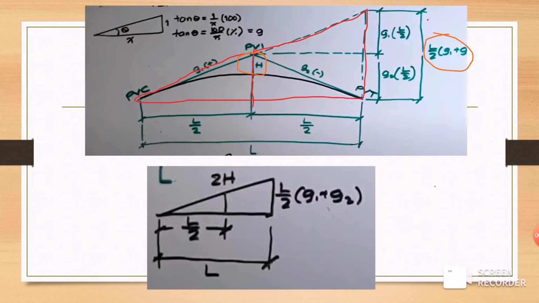As I've mentioned earlier, L over 2 multiplied by g1 plus g2 is the opposite side, and the total length is the adjacent side, and 1/2 of that adjacent side is L over 2, since it is a symmetrical curve. So it should be equal to L over 2 on one side.